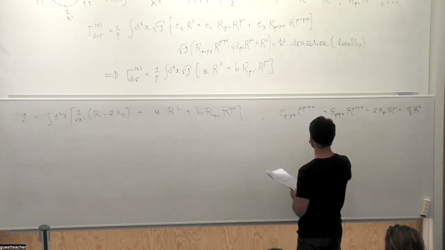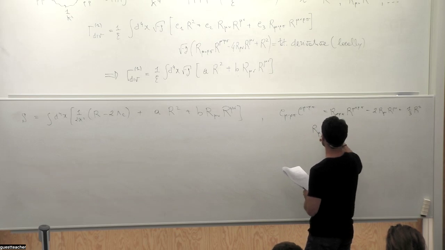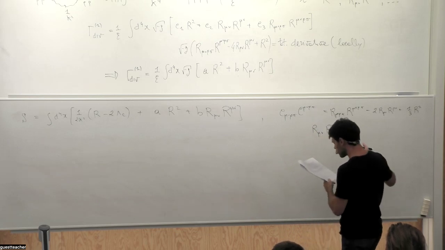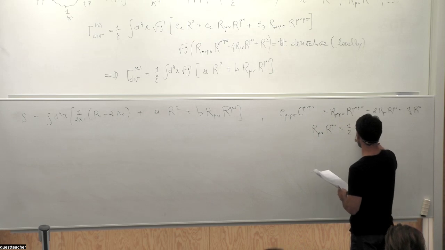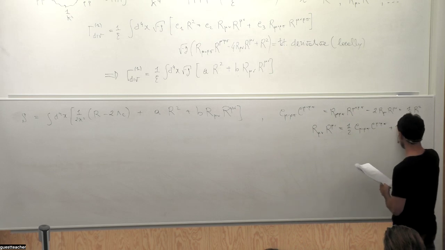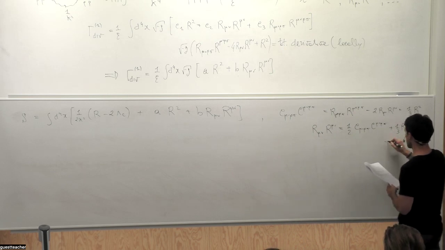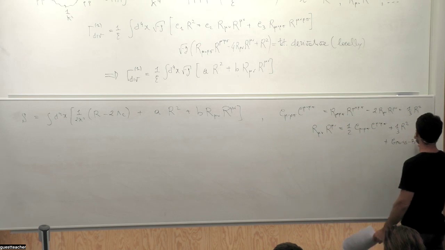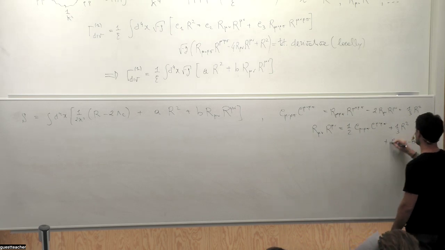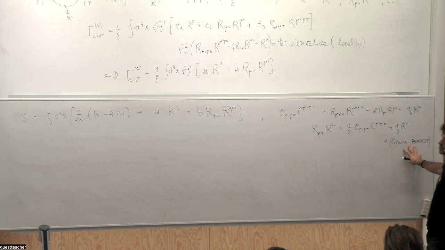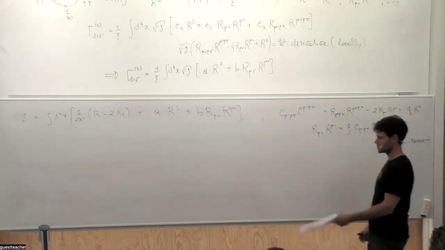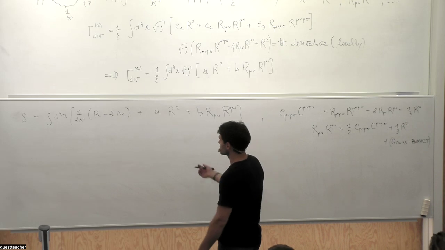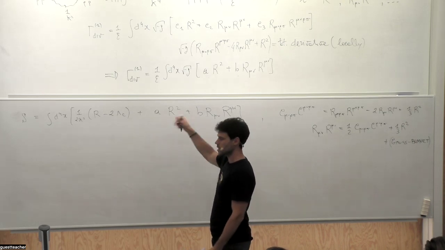In the end, you have two equations to choose only two invariants. You can choose, for instance, Ricci square equal to the Weyl square term plus 1/3 R square plus the Gauss-Bonnet that I wrote before. But the Gauss-Bonnet is a local total derivative, so we can forget it here. It's not important. And you can just write the whole quadratic Lagrangian in terms of R square and Weyl square.